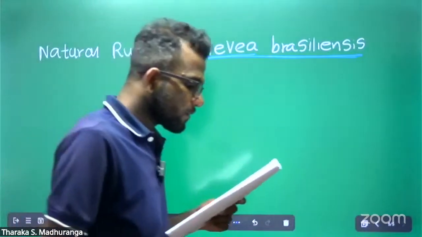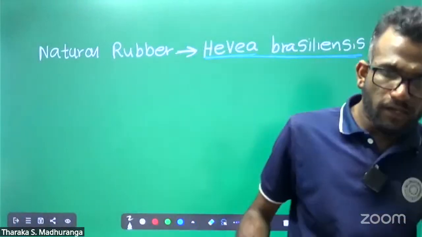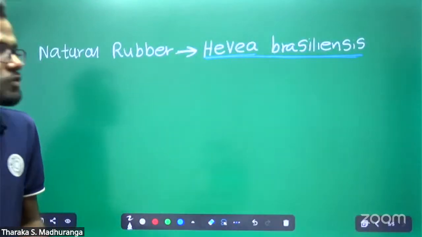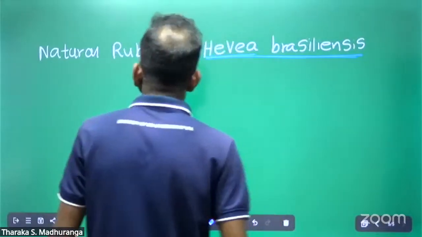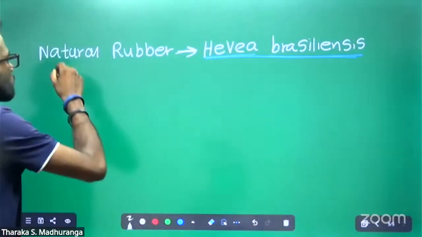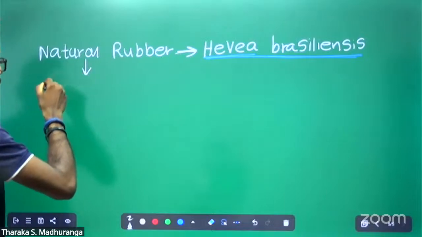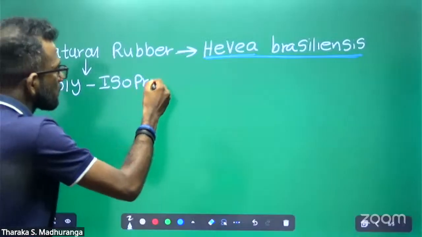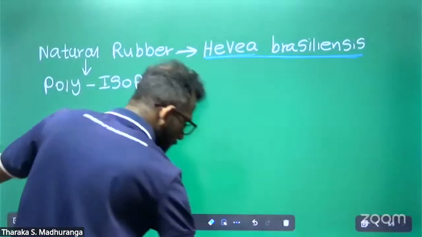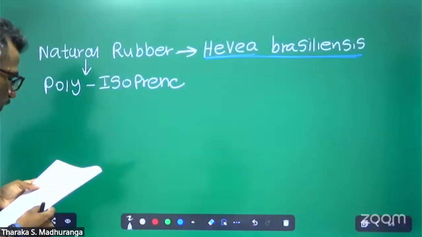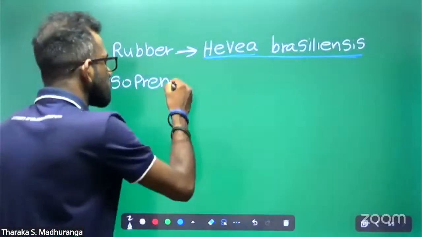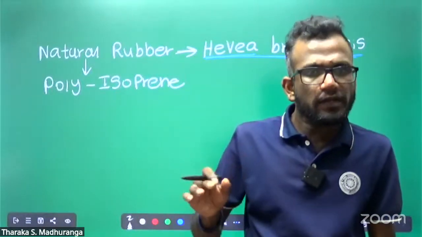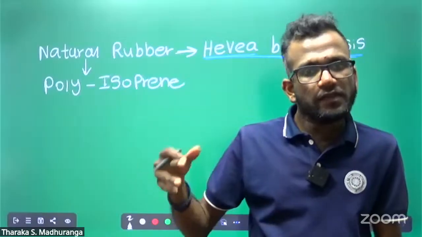Rubber is a natural polymer formed by polymerization of a monomer called isoprene. Natural rubber is polyisoprene. The monomer is isoprene.